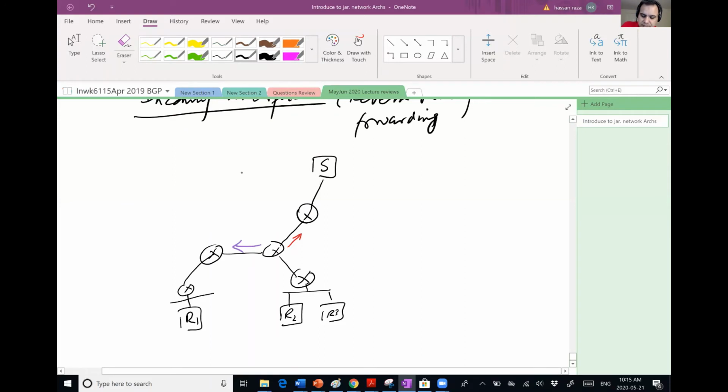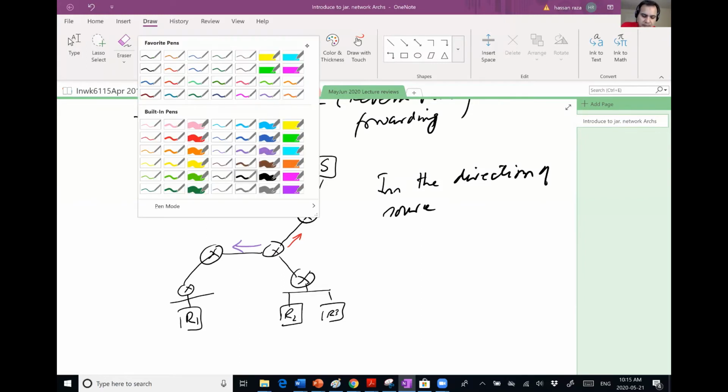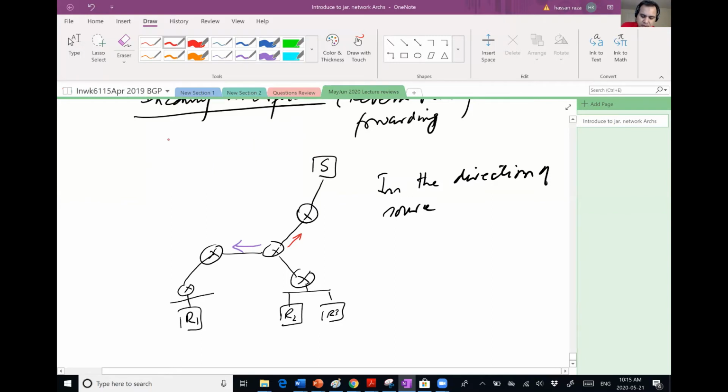So I want to go in the direction of source. So I would not take the purple path. So I will go, oh, this router can take me to source. And when I go to this router, I have only this. So this would take me to source.